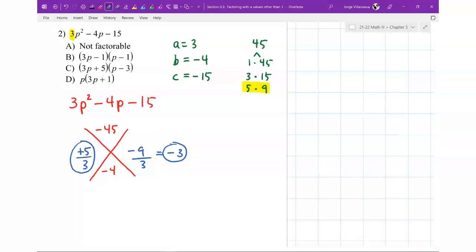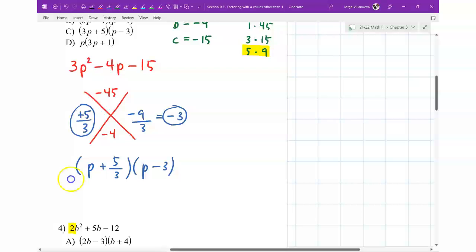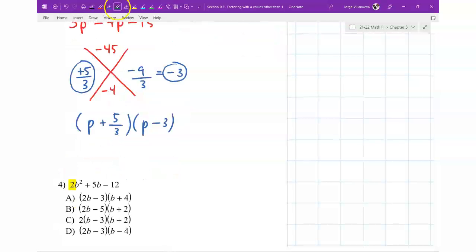So let's write down our solution here. My variable is a p, so p plus 5 over 3, p minus 3. But remember, I don't want you guys to have any fractions, so you have to take that denominator, that over 3 part, and push that over here. Okay? Take the bottom, move it up, right?